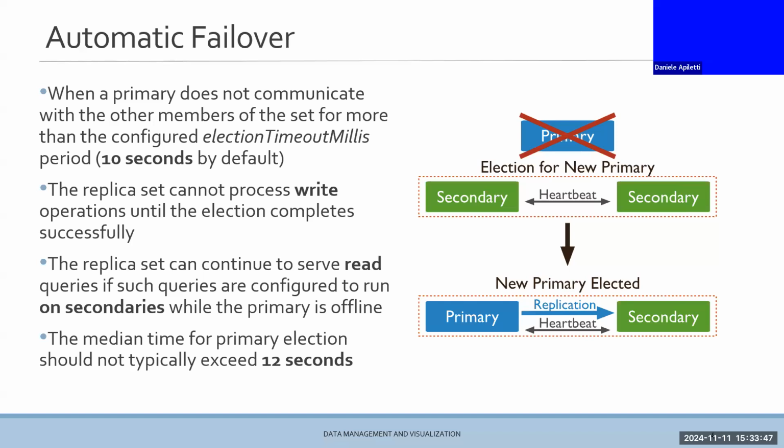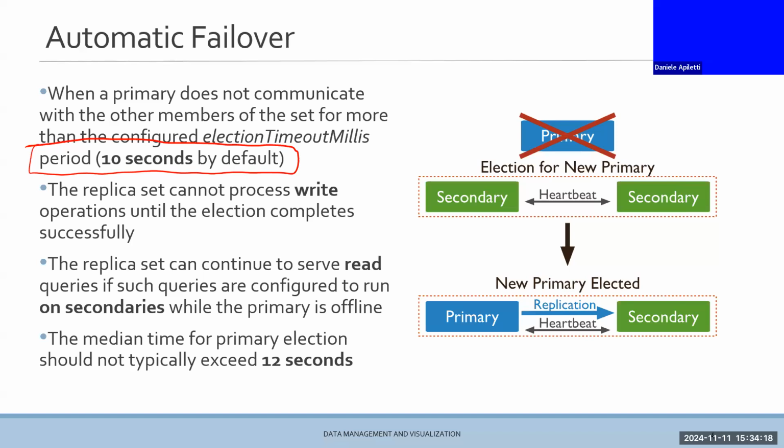That's the automatic failover. You see the default period is 10 seconds. You have these heartbeat exchanges, keep-alive messages. If for 10 seconds we cannot get in touch, then I consider the other node to be offline, or myself to be offline. How do I know? I try with the other nodes in the replica set. If I cannot speak to anybody else, I'm under the quorum, no election.